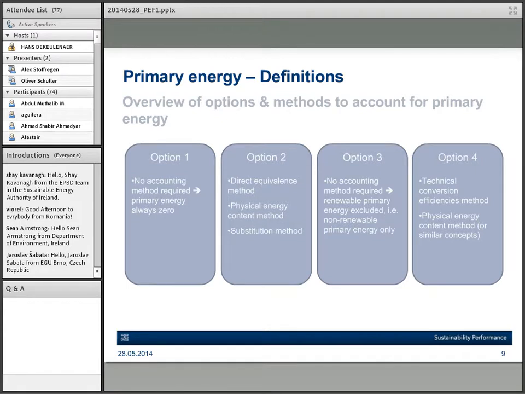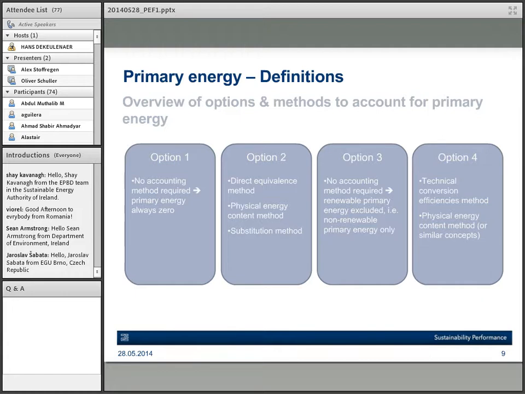And then for option 4, for the conversion itself, what is normally used is technical conversion efficiencies, or also the physical energy content method, or similar concepts. And then also for the supply of the infrastructure, life cycle assessment factors.